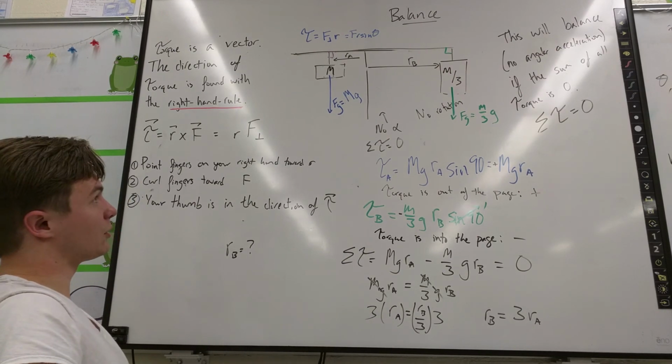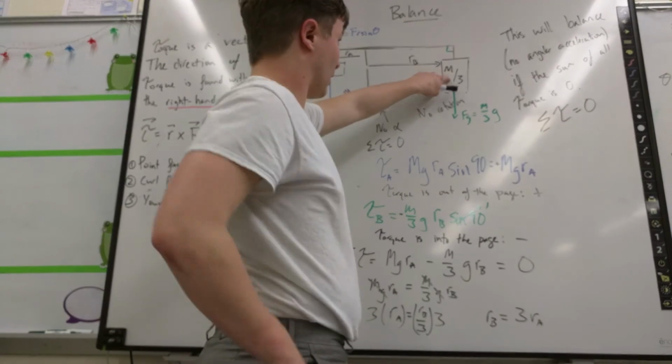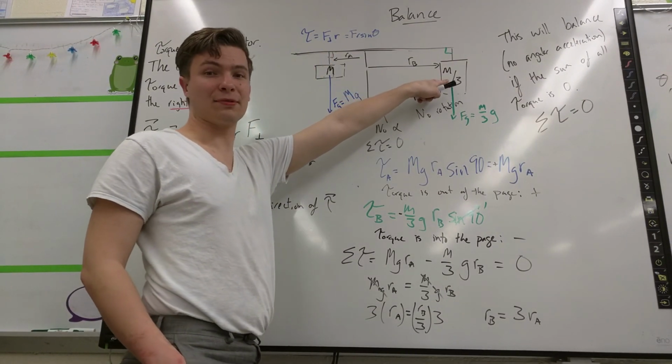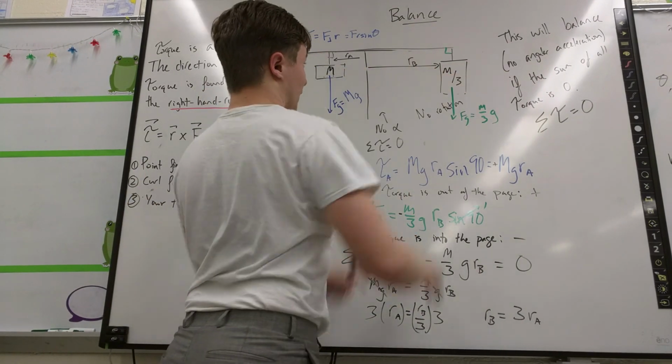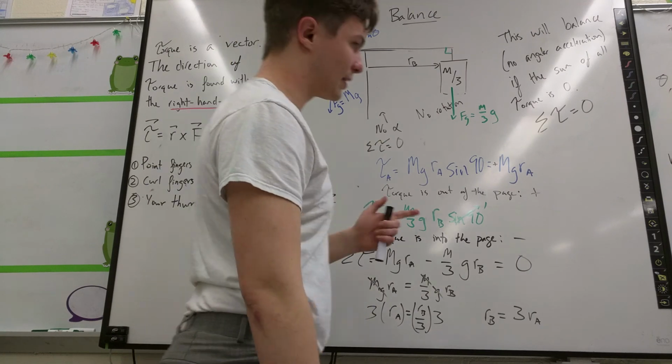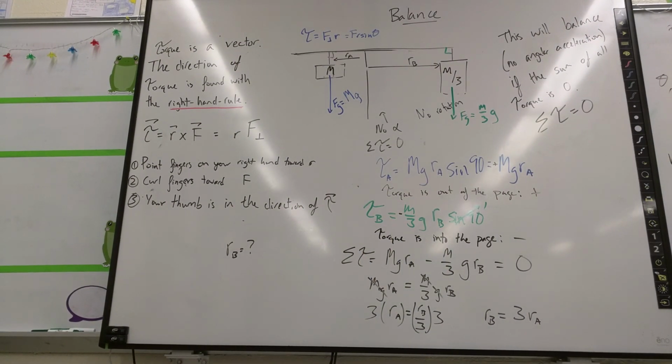Hopefully you can make intuitive sense of that. If this mass is a third of this mass, then it has to be 3 times as far away. So that's a simple balance problem to get you introduced to the idea of torque. More to come soon.